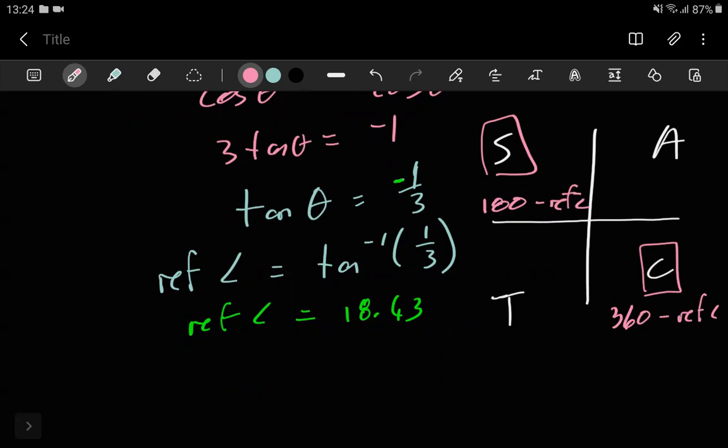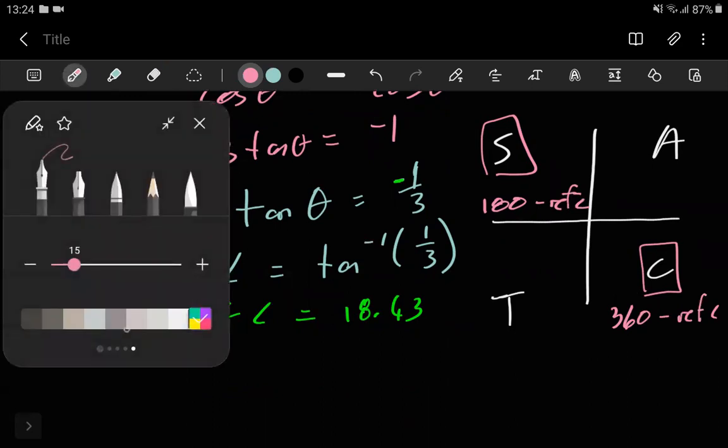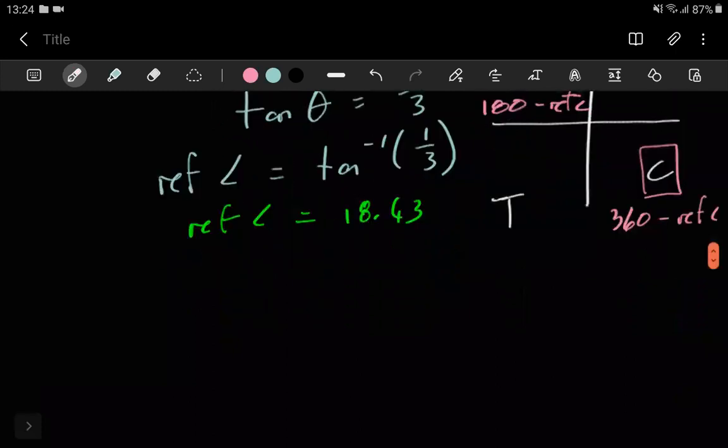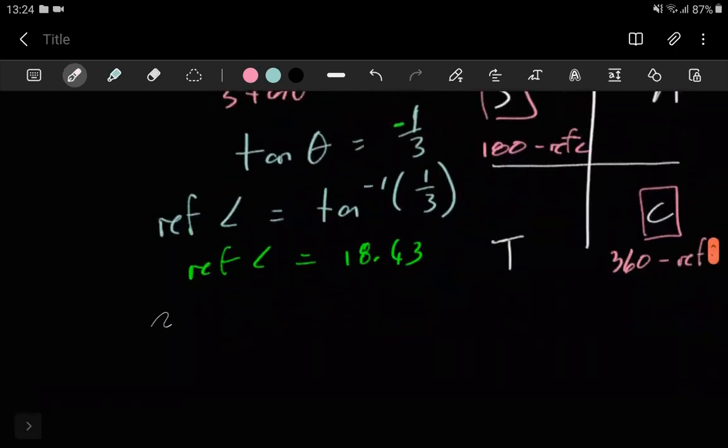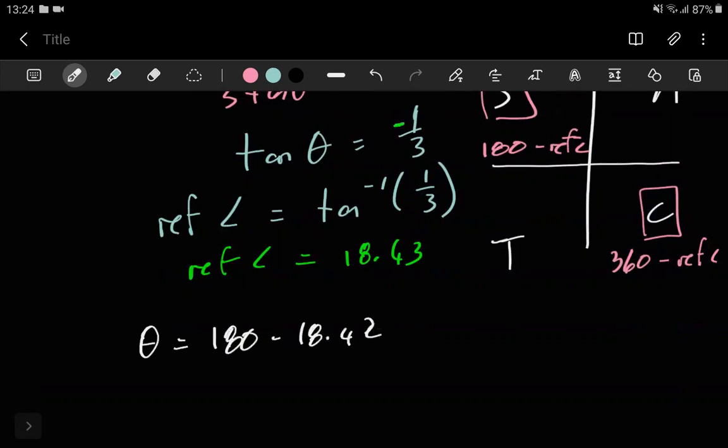And then obviously we will be able to carry on from here, because the next thing is, your value for theta is going to be equal to 180 minus your reference angle, and then plus K360, K is an element of integers.